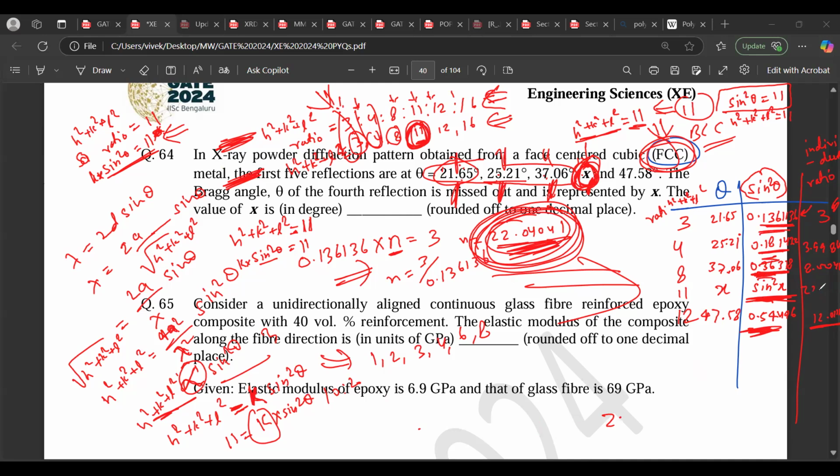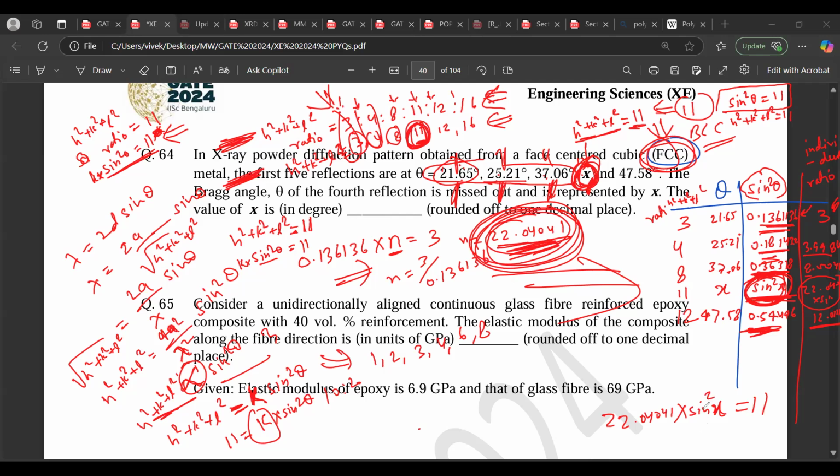So you multiply 22.04041 into this sine square theta, because you multiplied everywhere, and you should get 11, because everything is set up, 3, 8, equals 11. Now you can find out your x.